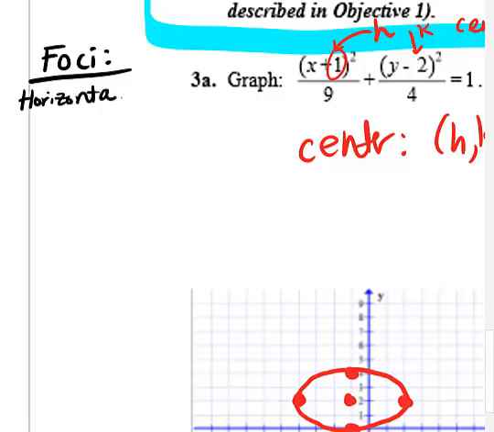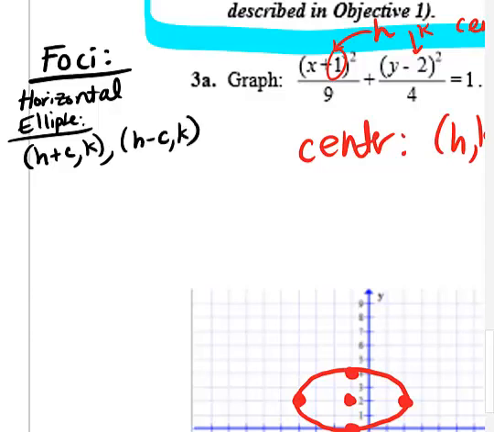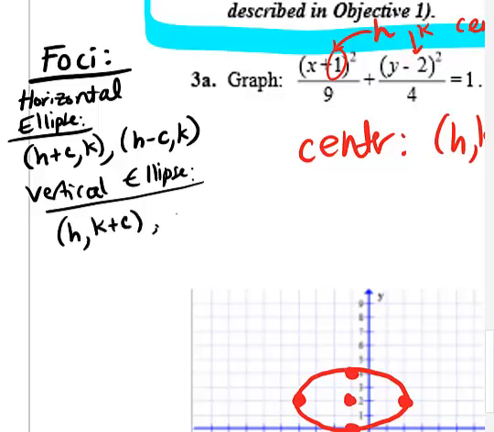If it's a horizontal ellipse, then the foci are the points h plus c comma k and h minus c comma k. If it's a vertical ellipse, then it's h comma k plus c, and the other point is h comma k minus c.